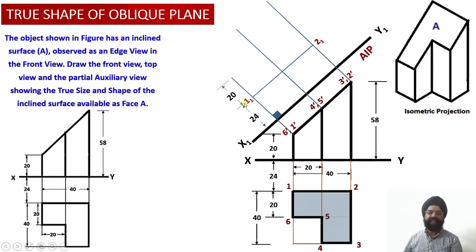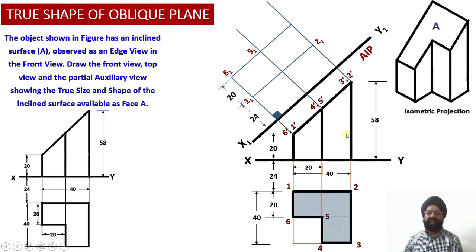So we have marked this distance equal to 20 millimeter. And now once we draw a projection line over here, we obtain the projections of the points 6 and 5 over here. So the projection corresponding to the point 6 is going to be termed as 6 1, and the projection of the point 5 in the auxiliary plan will be termed as 5 1 over here.